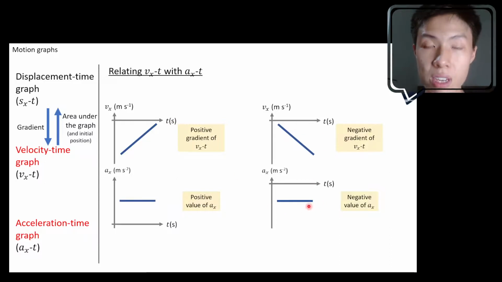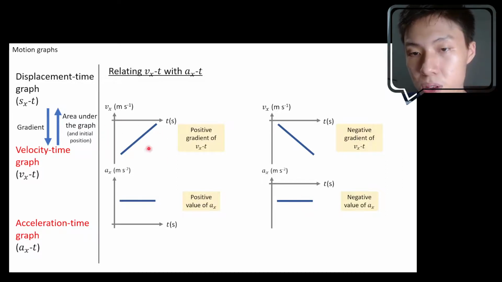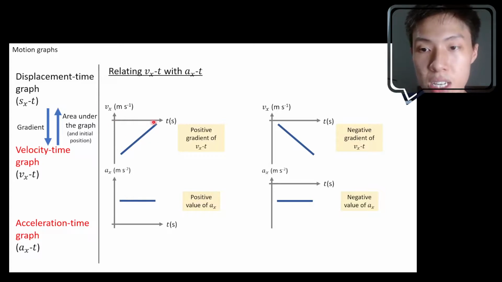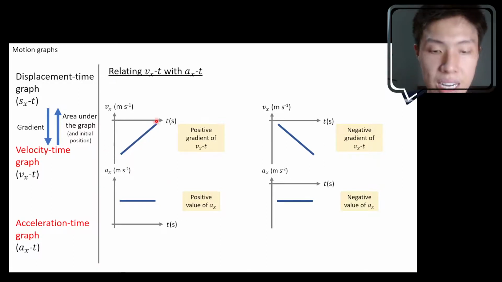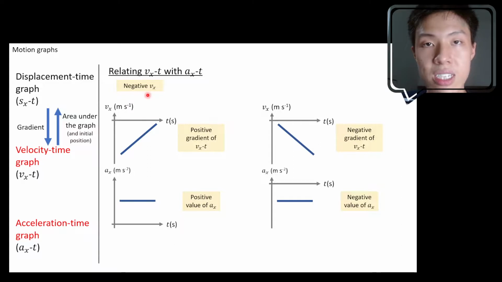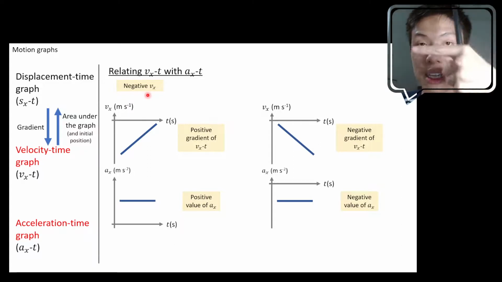Now let's reinvestigate whether it's speeding up or slowing down. Look at the velocity time graph. It's below the time axis. That means the velocity values here are all negative. You get -1, -2, -3, -4, -5. So you get negative vx, meaning you are moving in the negative x direction.